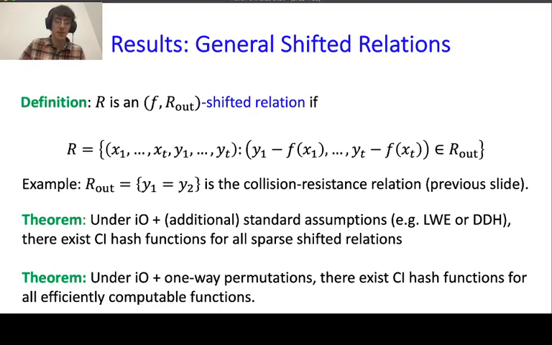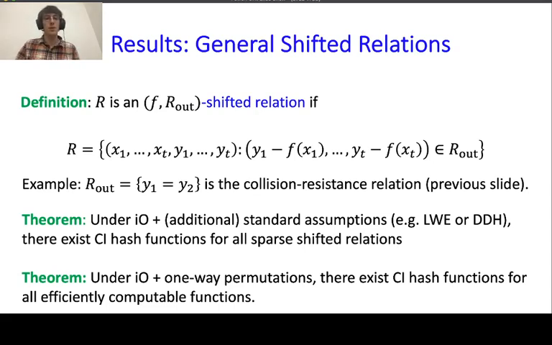So it's like a separation between single input and two-input correlation intractability. And also, because of this recent work of Jain, Lin, and Sahai, this also gives an approach for building correlation intractability that does not rely on the learning with errors problem, because you can instantiate the one-way permutations using discrete log.